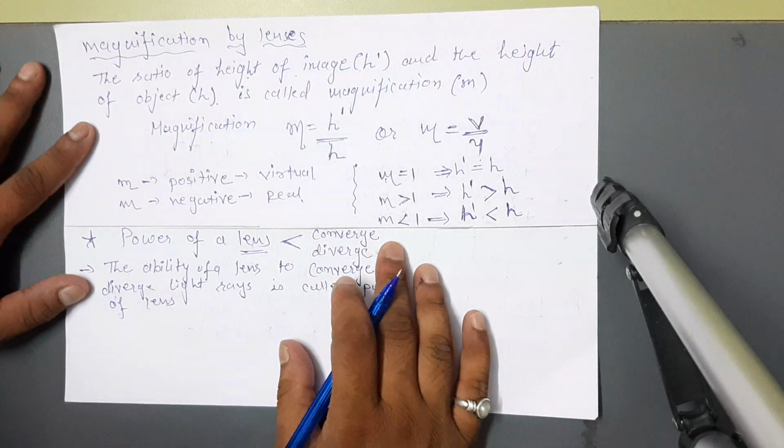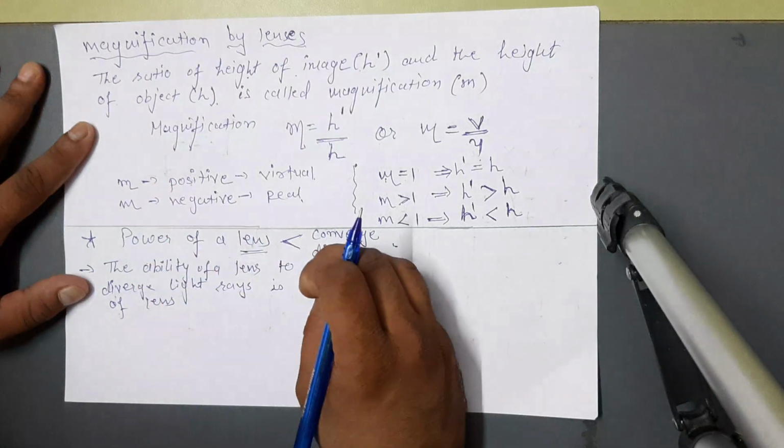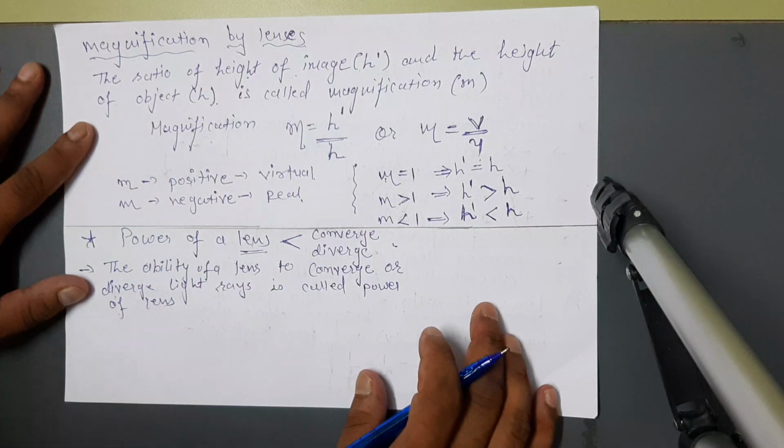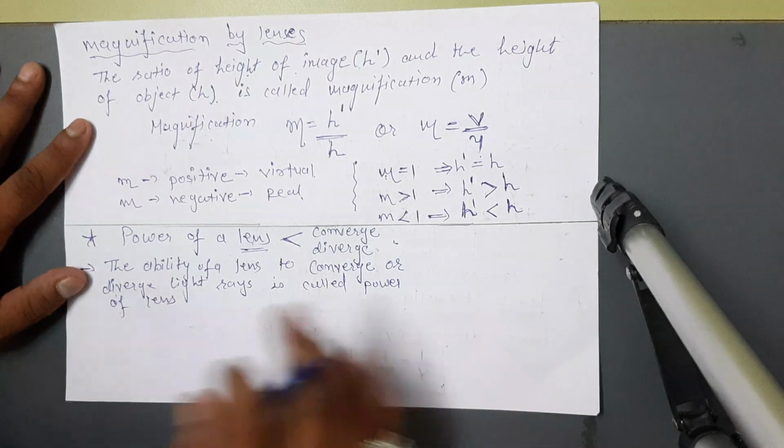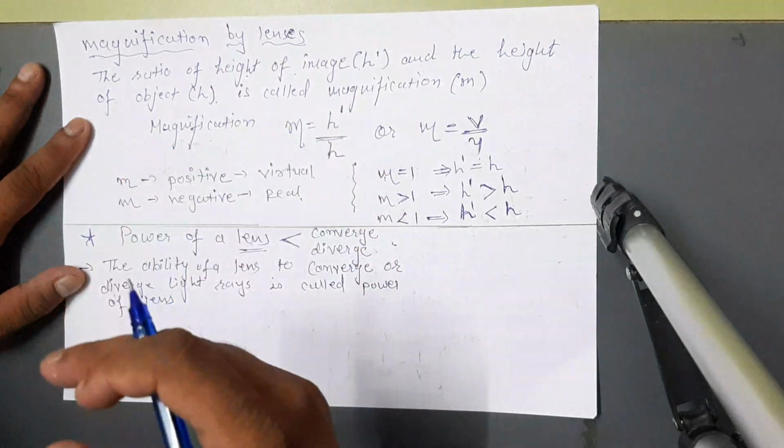So the ability to converge light rays or to diverge light rays is considered as power of a lens. Now we have seen that if the focal length is more, its ability will decrease.